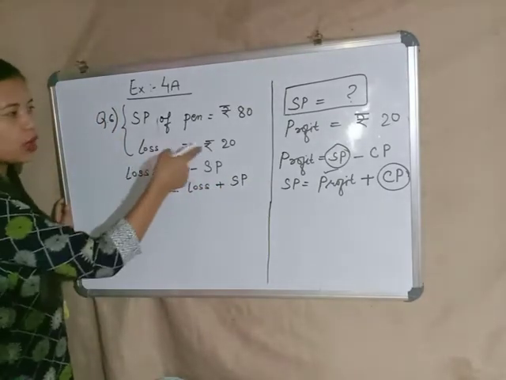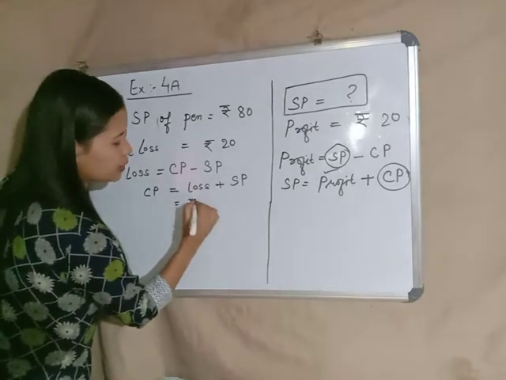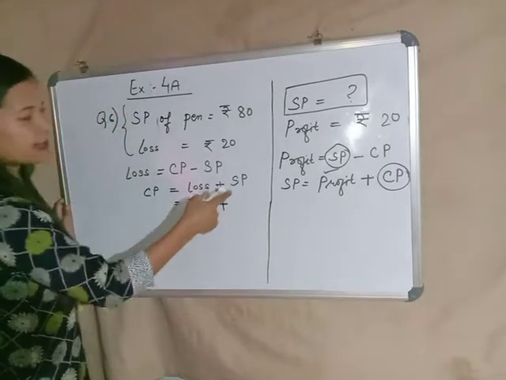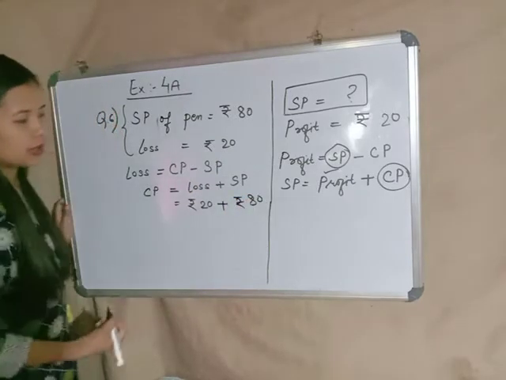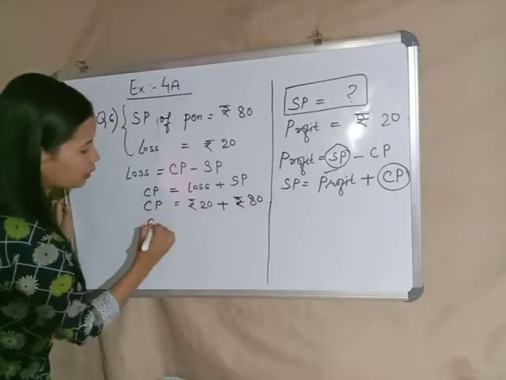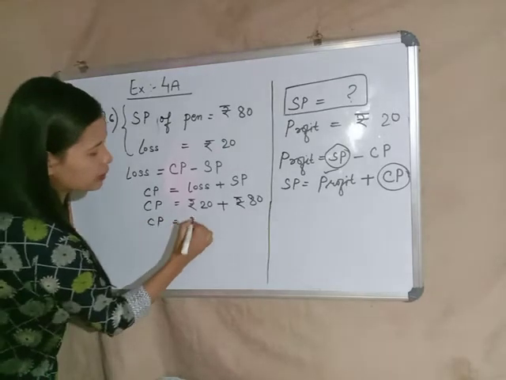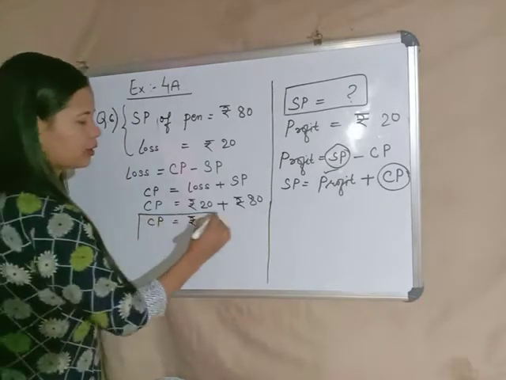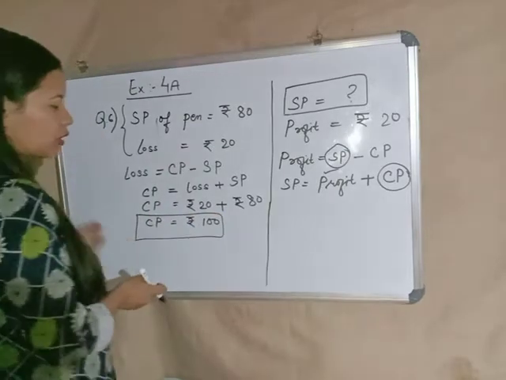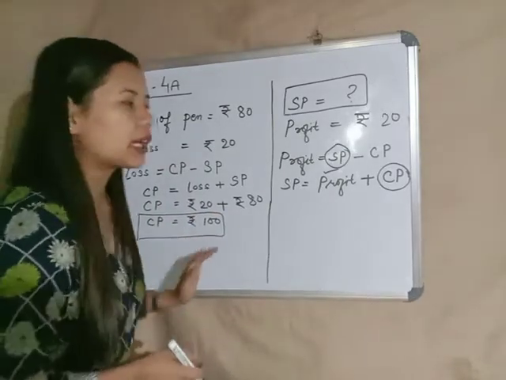Loss is given, that is rupees 20, and selling price is given, that is rupees 80. So it's pretty simple. From here you can figure out the cost price of the pen is rupees 100.